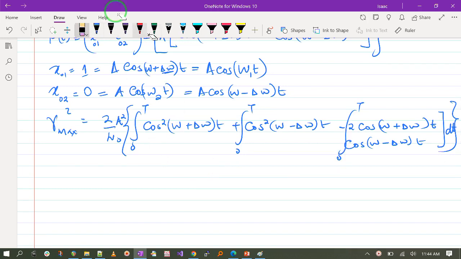So I will just break this down. When you break this, you get a half of 1 plus cos 2 omega plus delta omega t.